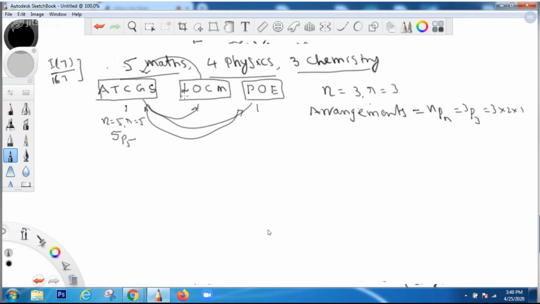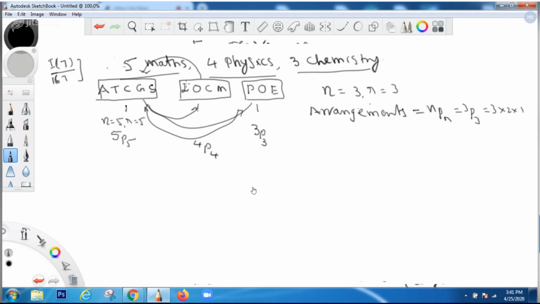Among the physics books themselves, how many arrangements? 4P4. Among chemistry? 3P3. This is nothing but internal changes among the physics books themselves.